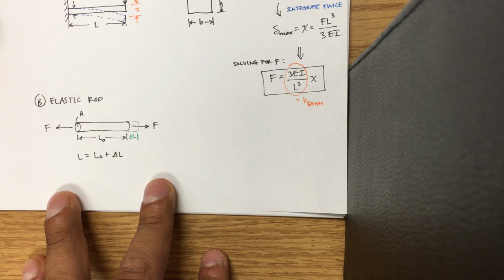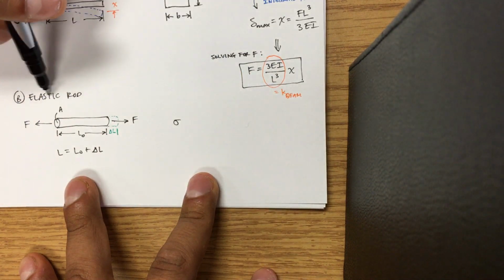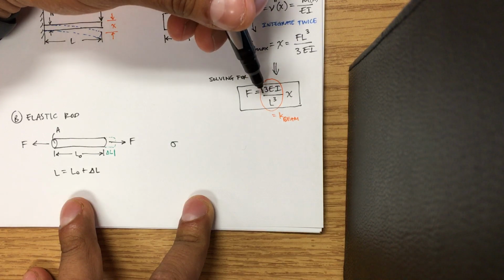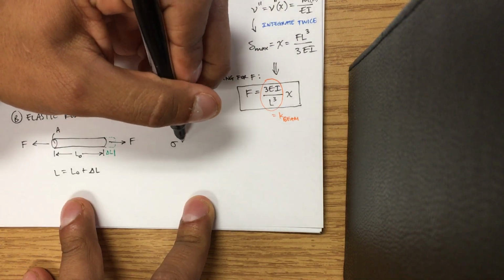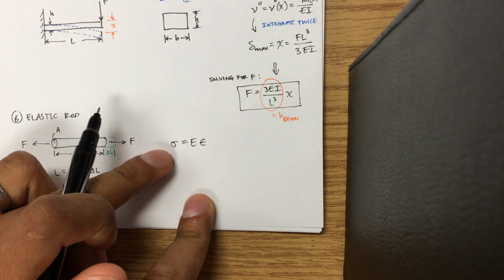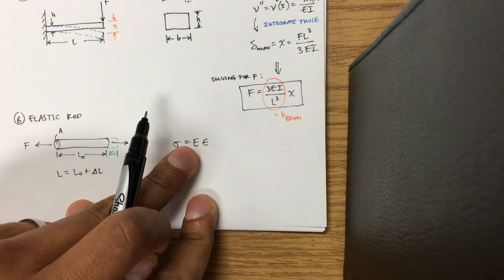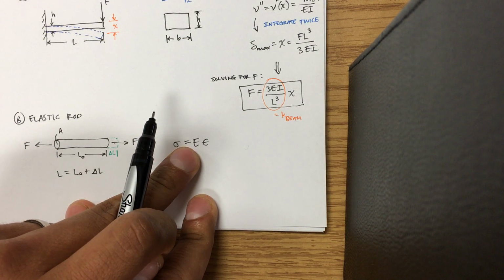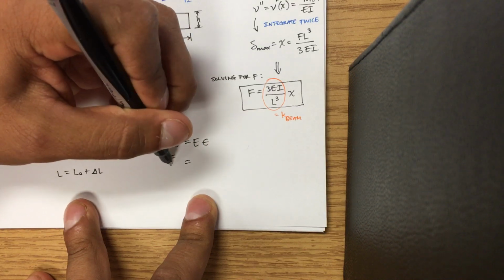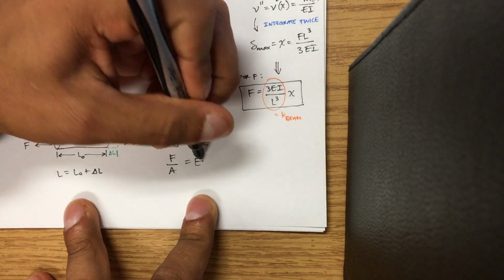And so from here we can use, because it is an elastic rod, and as we've seen already in other cases where we are obeying Hooke's law, Hooke's law for stress to be this, where we have the normal stress related to the strain by simply the modulus of elasticity. If we expand this out, we can calculate stress to be just force divided by the cross-sectional area.